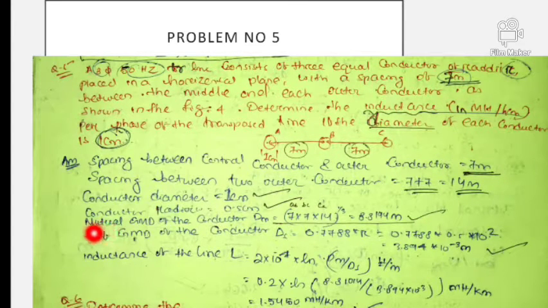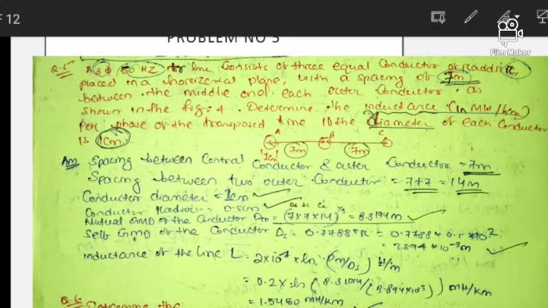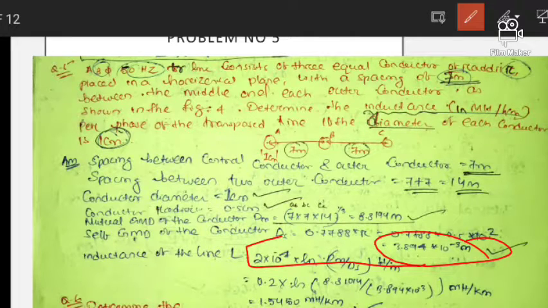So the mutual GMD of the conductor, that is equal to (7 into 7 into 14) to the power 1 by 3, that is equal to 8.8194, and the self GMD of the conductor is equal to Ds is equal to 0.7788 r for conductor A, conductor B and conductor C, and putting here the r value, then you will get the self GMD is equal to 3.894 into 10 to the power minus 3 meter, and inductance of the conductor, we already know the formula, 2 into 10 to the power minus 7 ln Dm divided by Ds, or D mutual divided by D self.